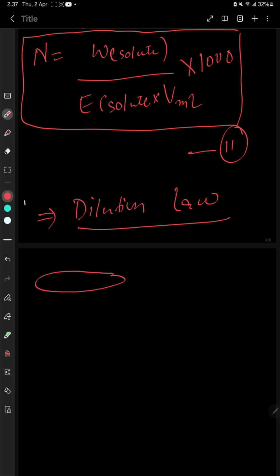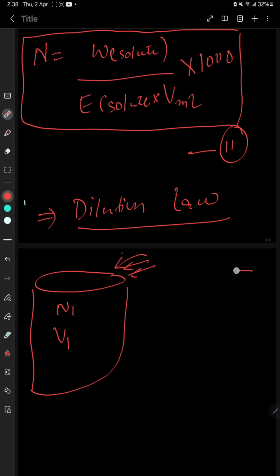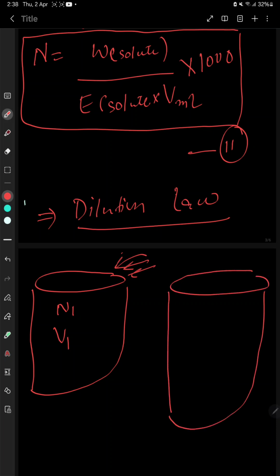If I have a solution with some number of gram equivalents of solute dissolved in it, its normality is N1 and its volume is V1. If I add some water to it, that is dilution. Because you are adding water, the next solution is going to be larger in volume. This is solution 1, and this is solution 2 after the addition of water.